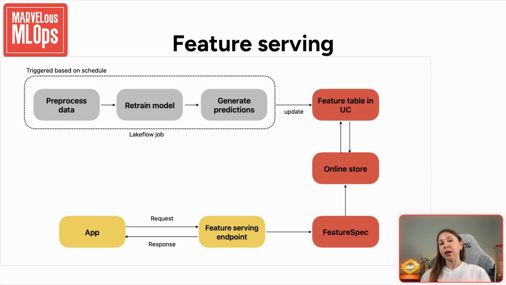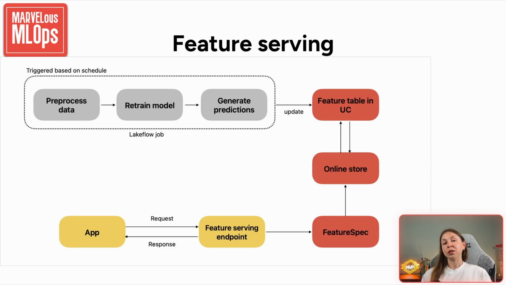This feature table cannot be used directly behind a model serving or feature serving endpoint. We need to have an online store. It can be Databricks online store, which is using Lakebase on the background, or it can be an external online store like DynamoDB, which also integrates with Databricks if you use AWS. In the end, we need a feature spec, which is treated like a model by Databricks.